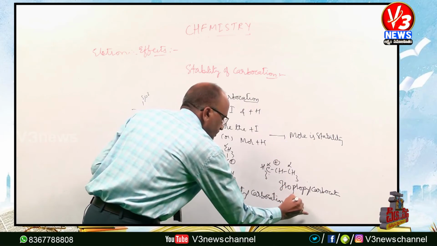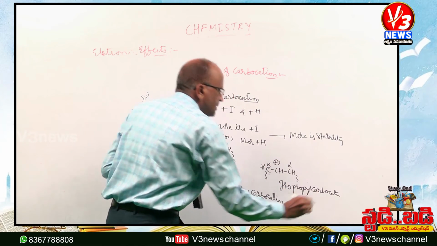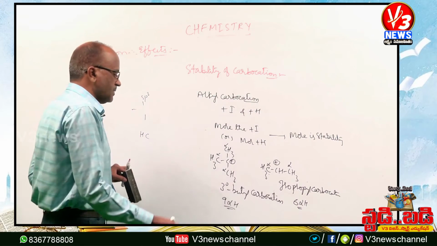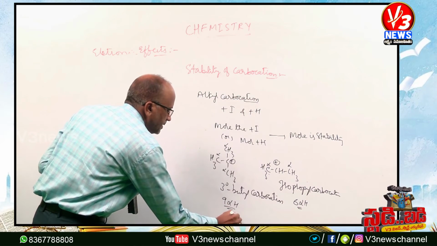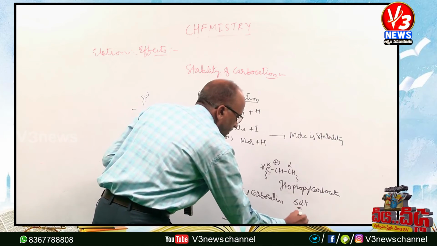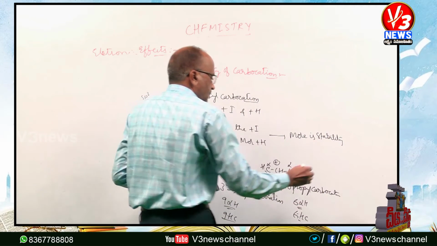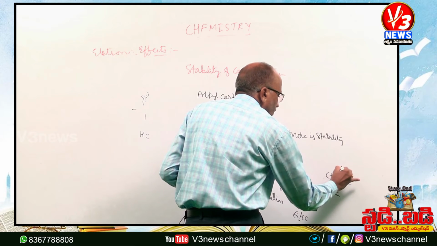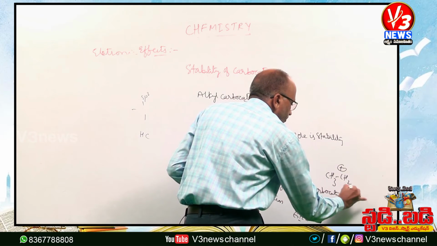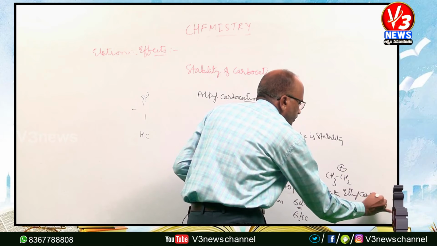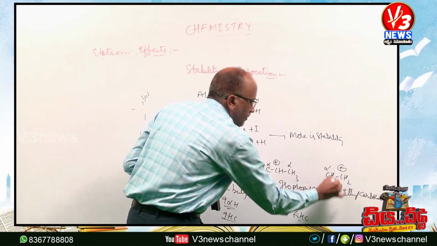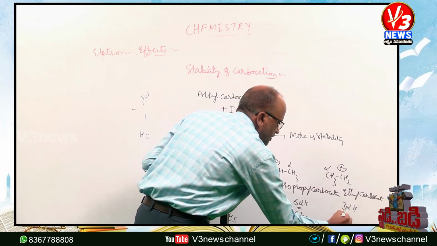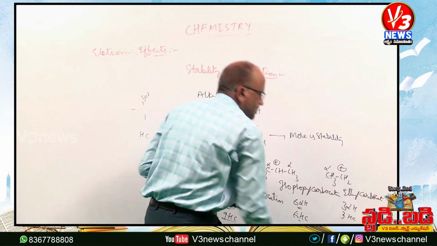So total 6 alpha hydrogens means 6 hyperconjugative structures. Here 9 hyperconjugative structures, here 6. Then we will take ethyl carbocation. Then how many alpha hydrogens? 3 alpha hydrogens means 3 hyperconjugative structures.